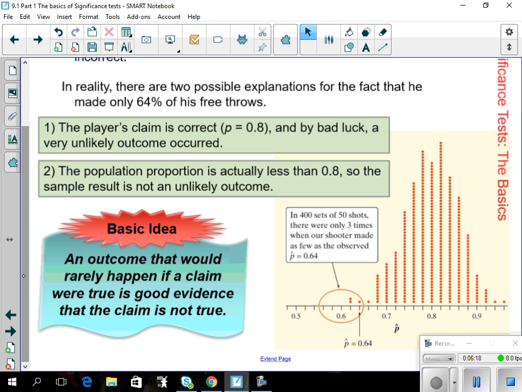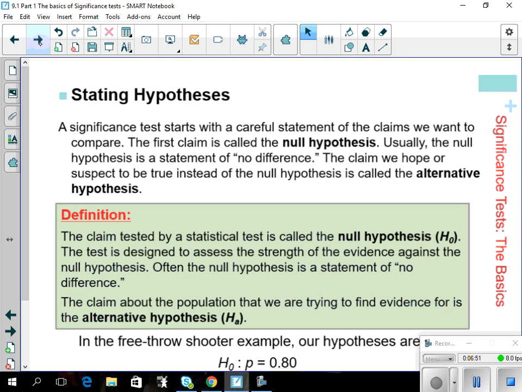Rare event that says that in this particular scenario, then we have evidence to say that they're wrong. That probability is called a p-value, and if the probability is very, very small, that means we can prove that they're wrong. They're liars, okay? So we're going to do what's called reject the null. We'll get to what all that means in a minute. Okay so far? All right.